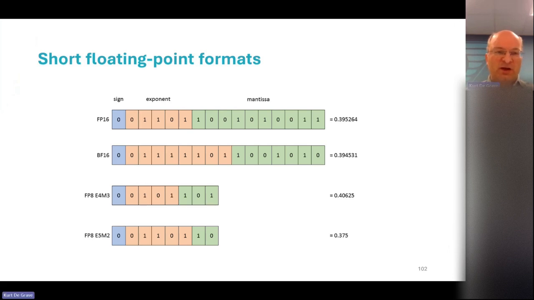So what do these number representations look like? These are examples from NVIDIA. You can have a number that is close to 0.4 in half precision, so FP16. You always have a sign bit if you want to be able to represent negative numbers. That is a bit that you cannot lose.